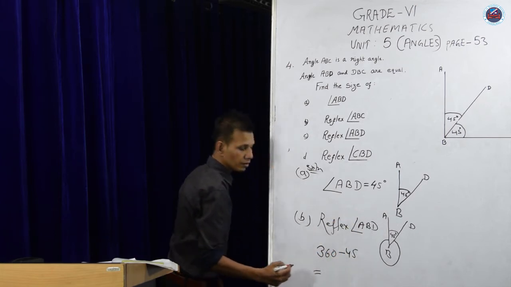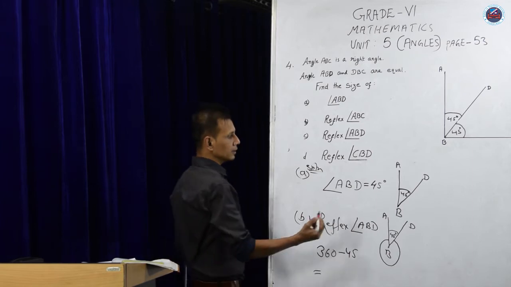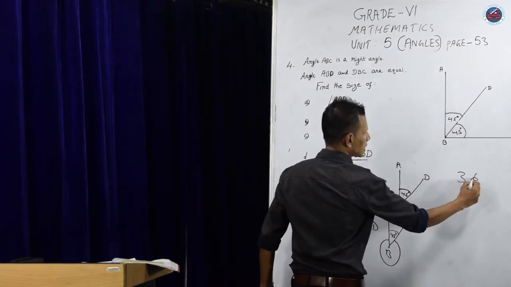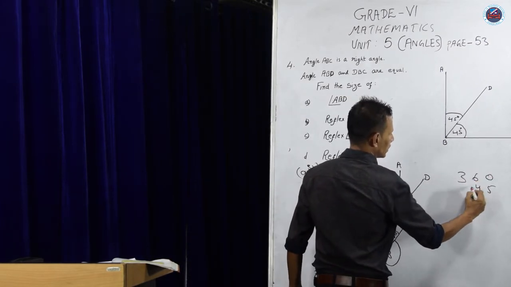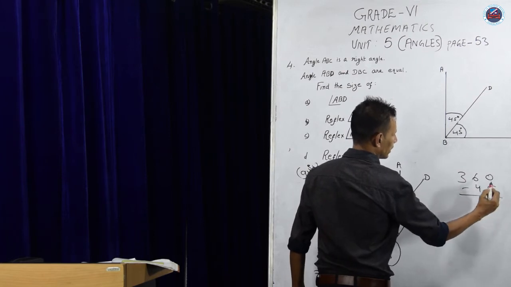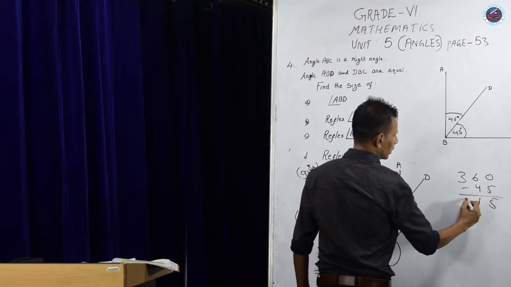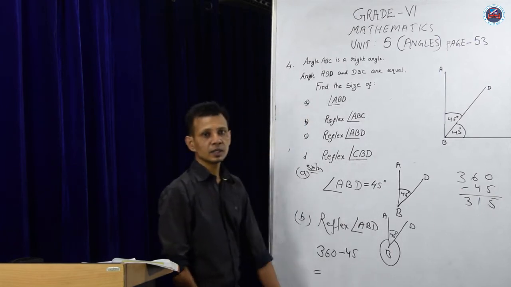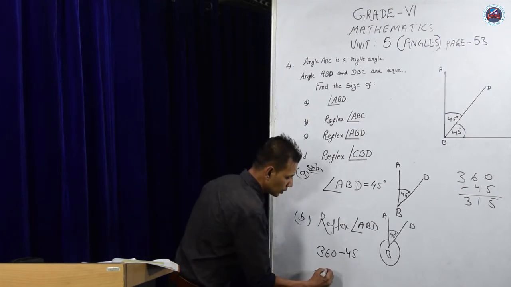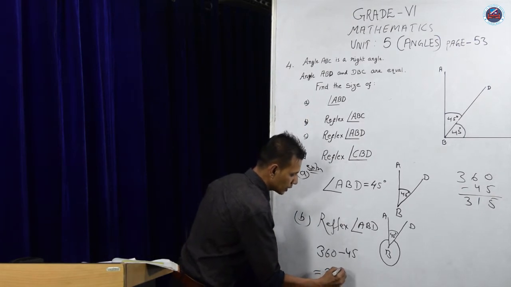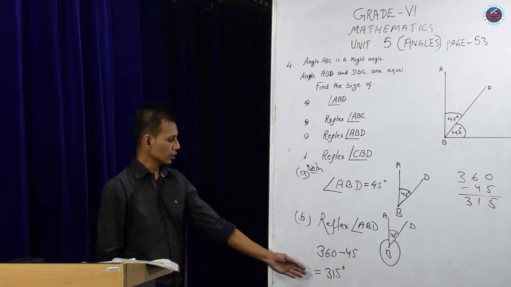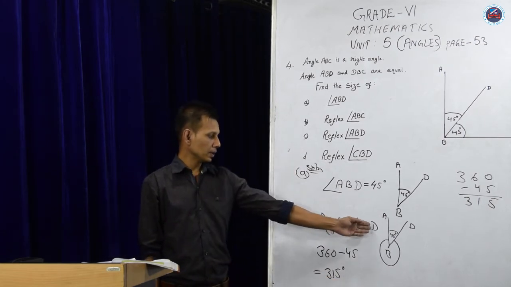Subtract that. 360 degrees minus 45 is, here we get 5, here we get 1, here 3. 315. You've got 315 degrees. This is your reflex angle ABD.